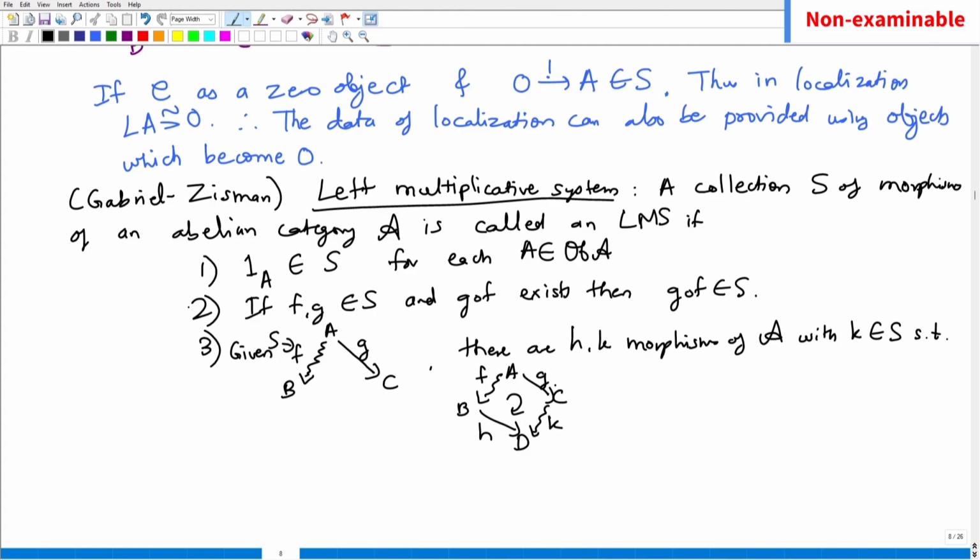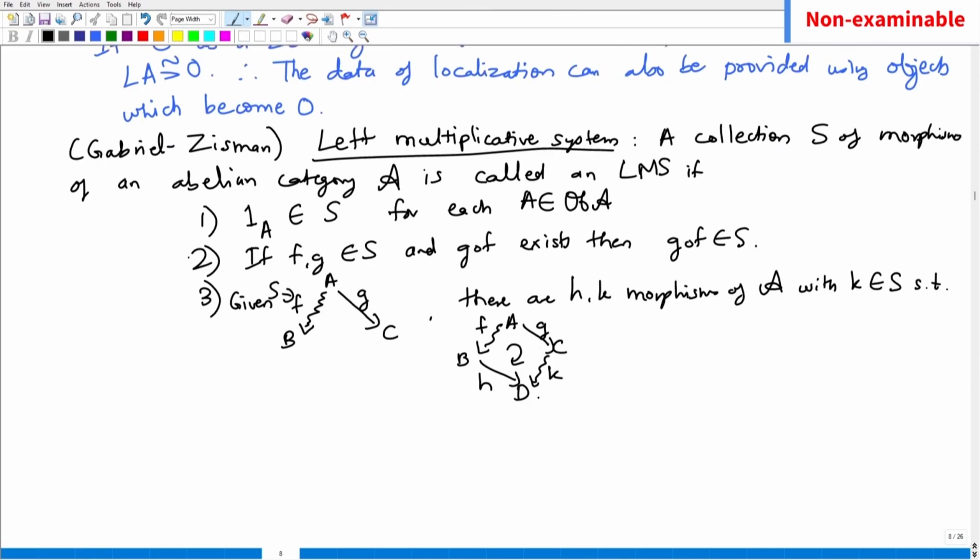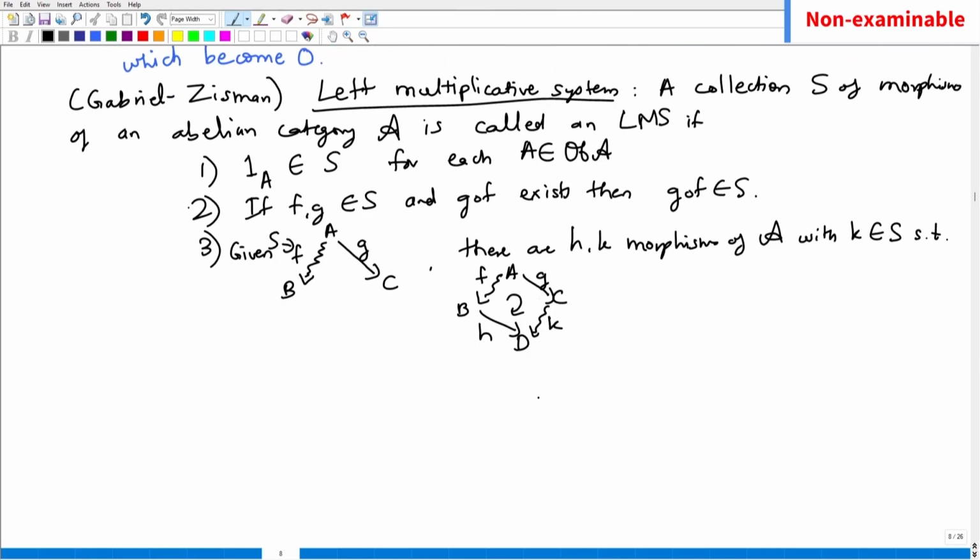So left and right we have to worry about, whereas when you study localization from commutative algebra, you don't need to worry about these things. Everything is commuting. And the fourth property, which will also take care of zero divisors, is also interesting.